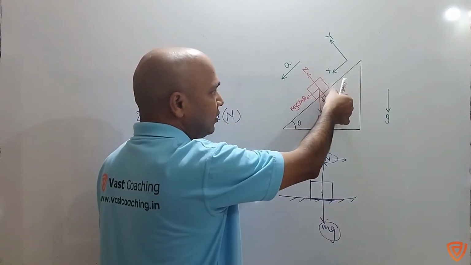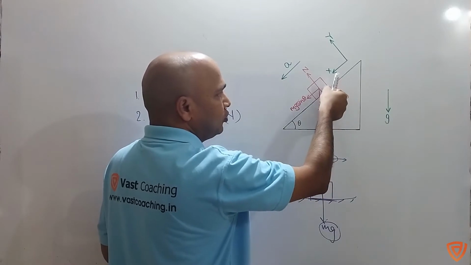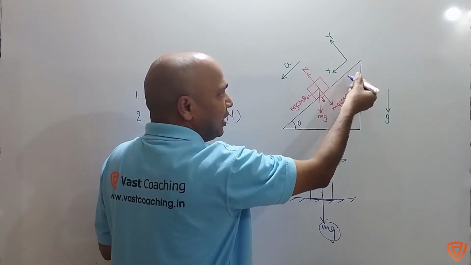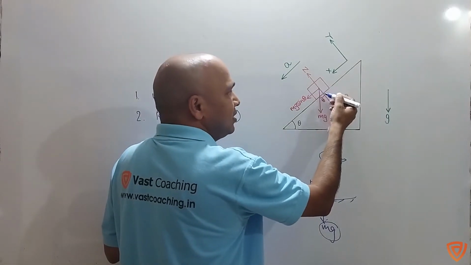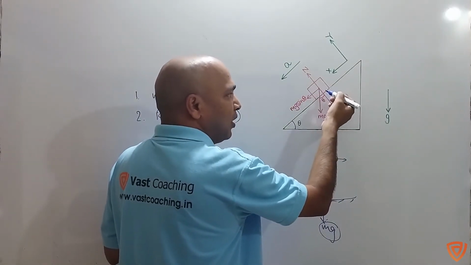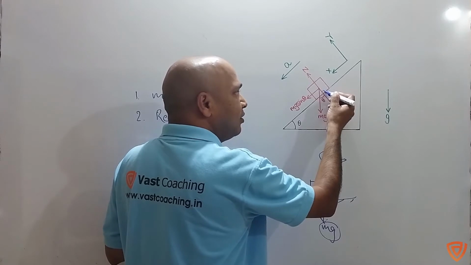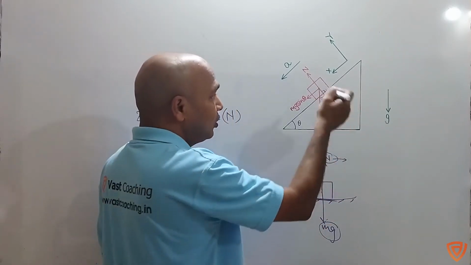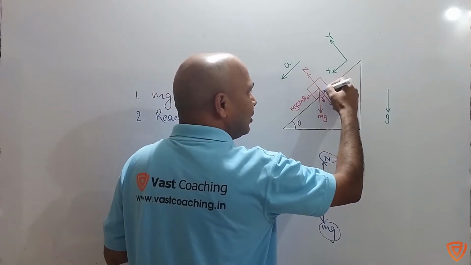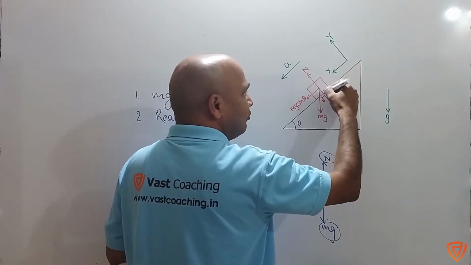Now come back here. Here your block is kept on this inclined plane. So reaction will still act perpendicular to the inclined plane, basically perpendicular to the plane where the block is kept, not vertically up.